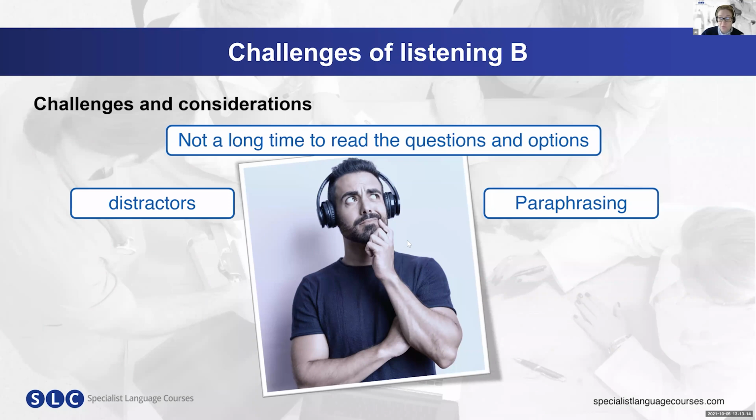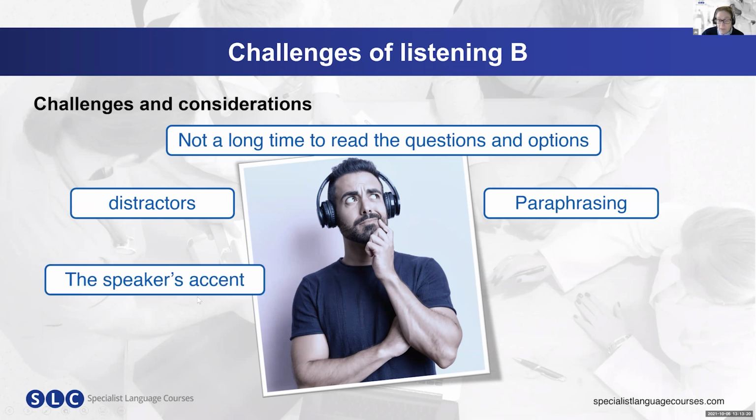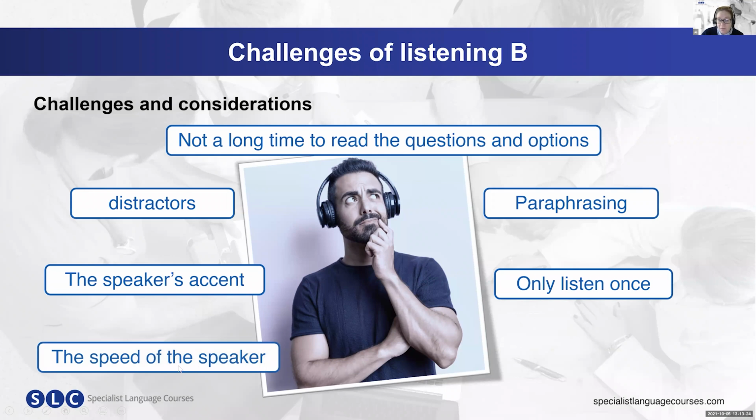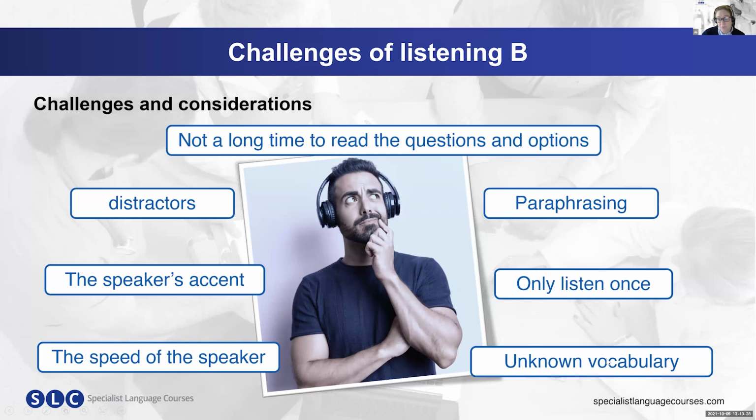So obviously the options are not explained exactly in the same way. They use different wording. Accent. You only listen once. They sometimes speak quite quickly, and you might not know some of the vocabulary. So there's quite a lot of challenges or things to think about when you're doing listening B.